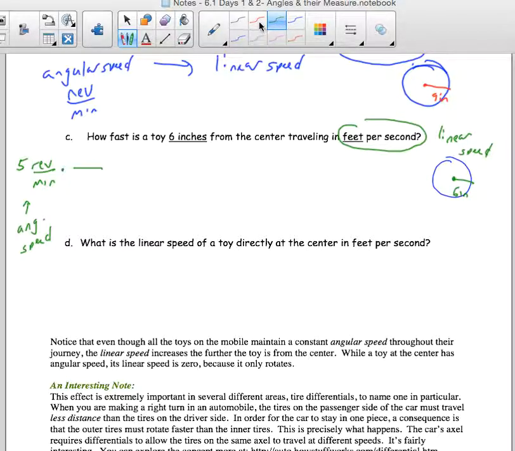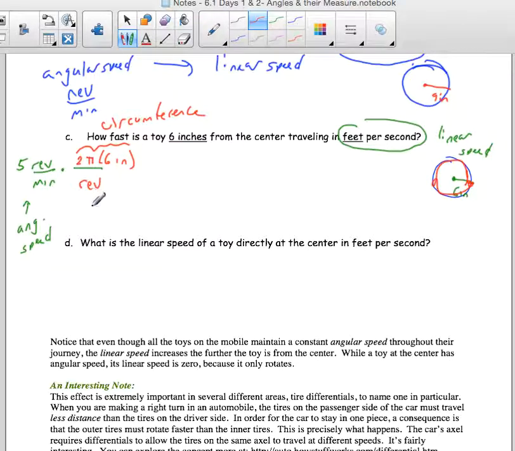The key to converting from angular speed to linear speed is to know how far does the toy travel per revolution. So in 1 revolution, this toy travels around the circumference of the circle. So in 1 revolution, it travels 2 pi times r, which is 6 inches. This is the circumference.